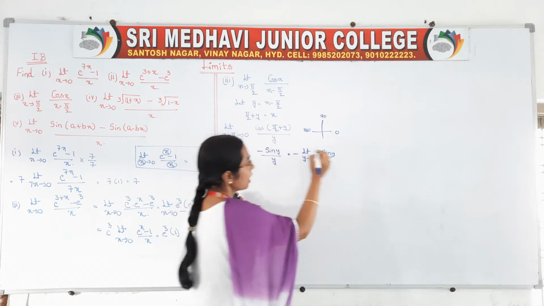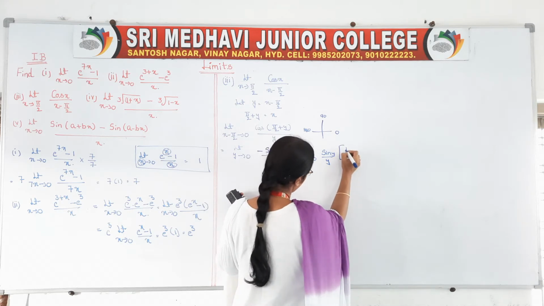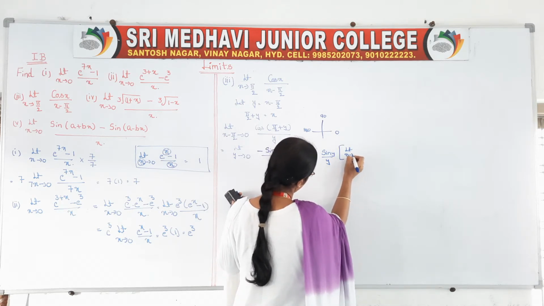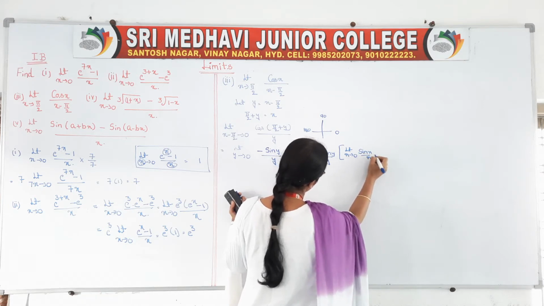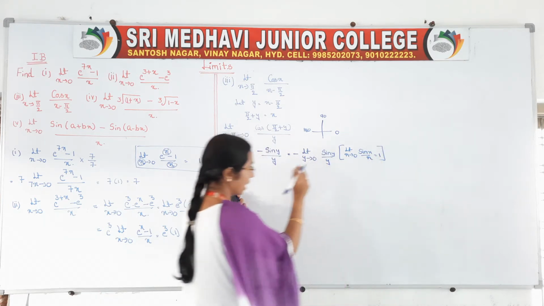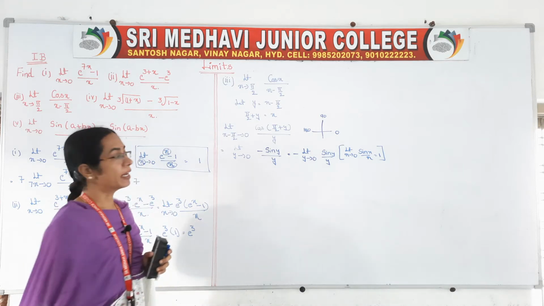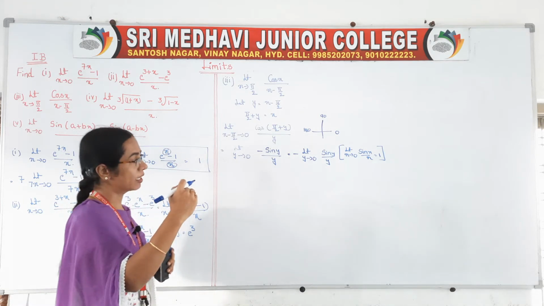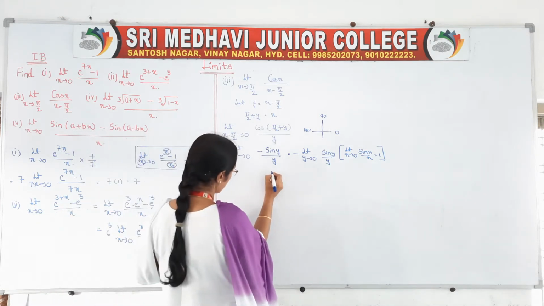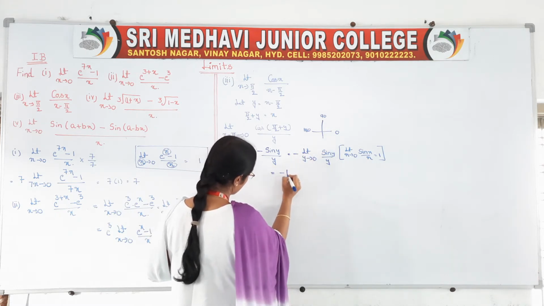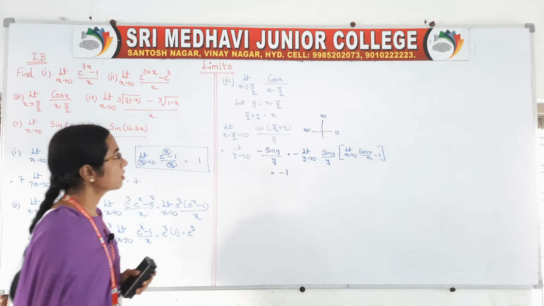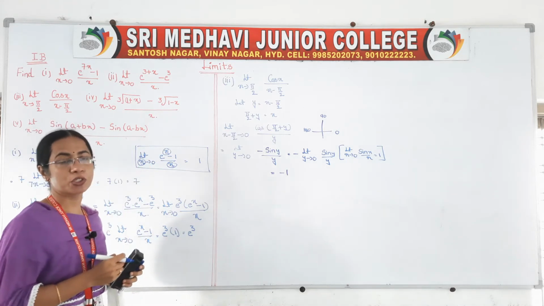Which formula? Our standard formula, limit x tends to 0, sine x by x is equal to 1. There is one standard formula in our limits results. So this is minus, and this entire value is equal to 1. That's all for this third question.